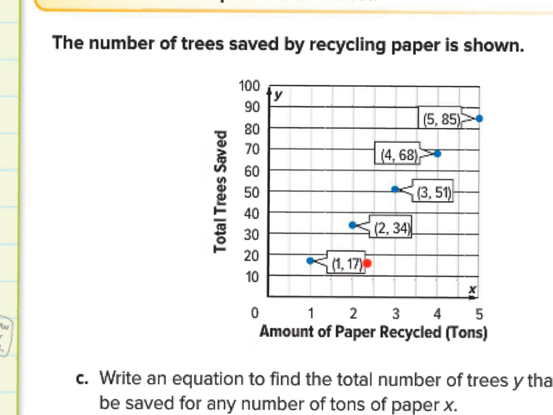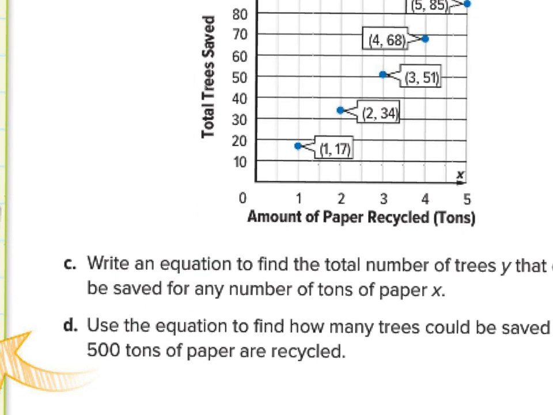Well, we see 17 times 2 is 34. And then 17 times 3 is 51. And then 17 times 4 is 68, sorry. So it does follow a straight line, you see that? So it's a linear relationship. And we can see that it's going to go right through 0, 0, so it's proportional.